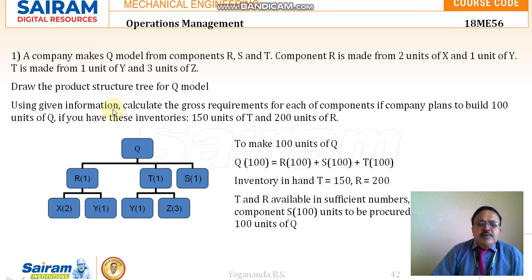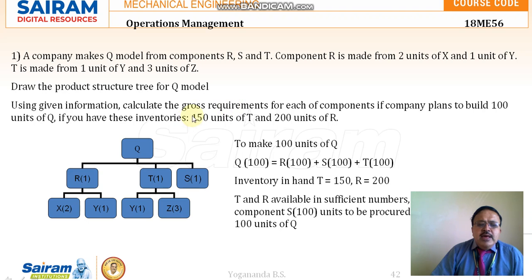Using the given information and the material available in hand, that is inventory in hand, it is said that 150 units of T are in hand and 200 units of R are in hand.